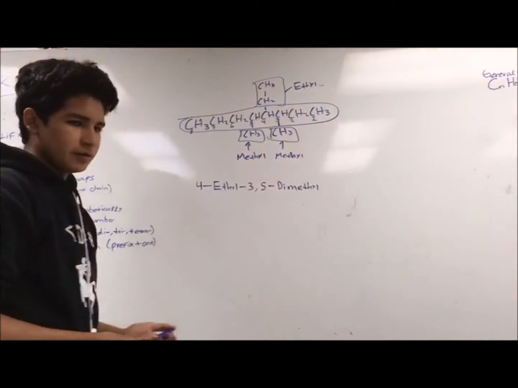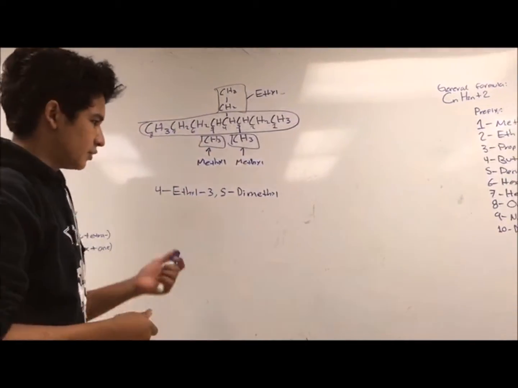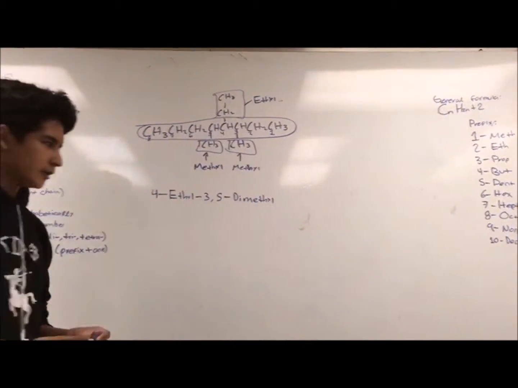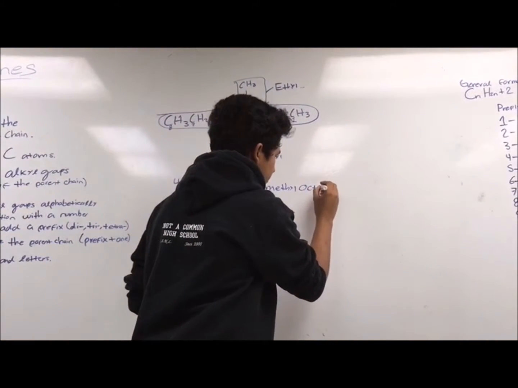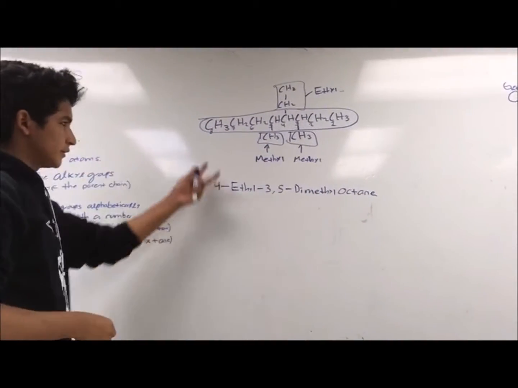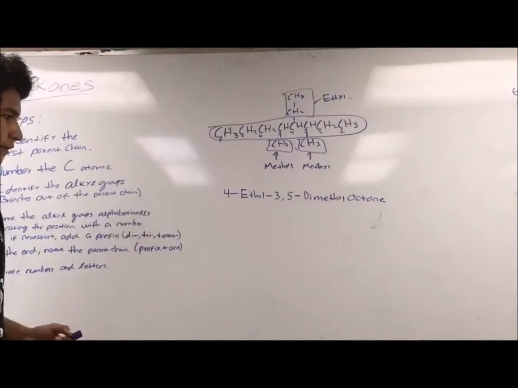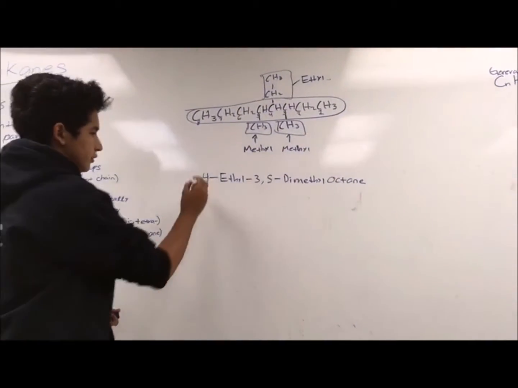It has 8 carbon atoms, so I'm going to the prefix and it says oct. So we have to put oct plus ane, so it is octane. And the name of this hydrocarbon is 4-ethyl-3,5-dimethyl octane, according to the IUPAC rules.